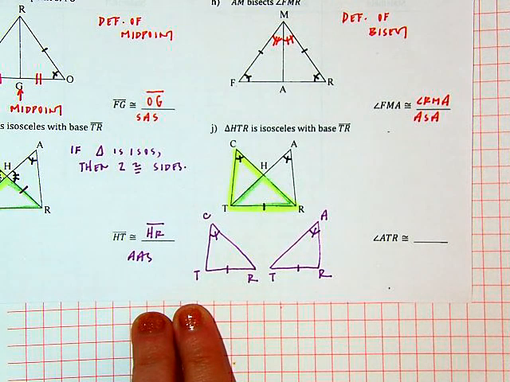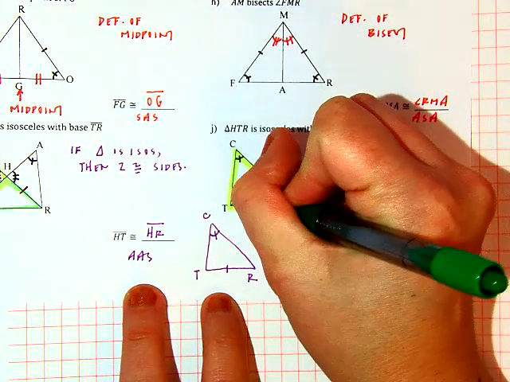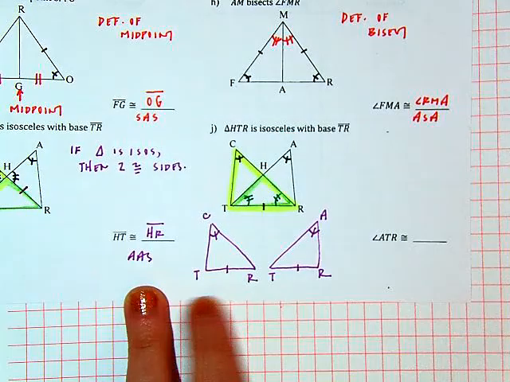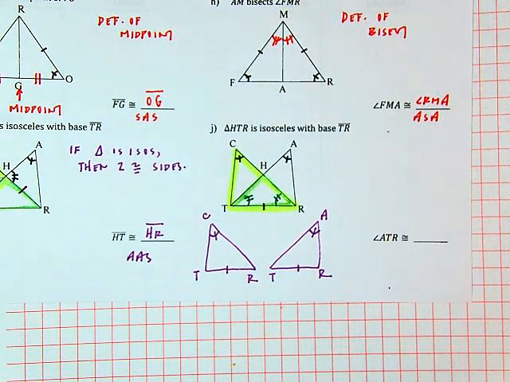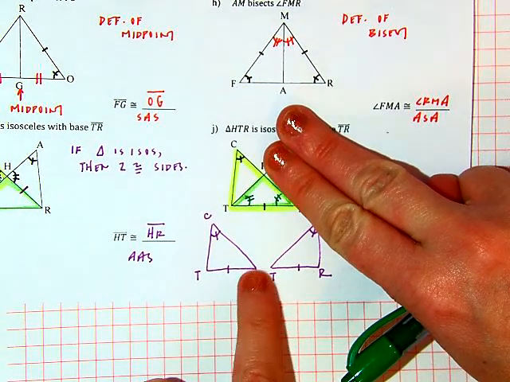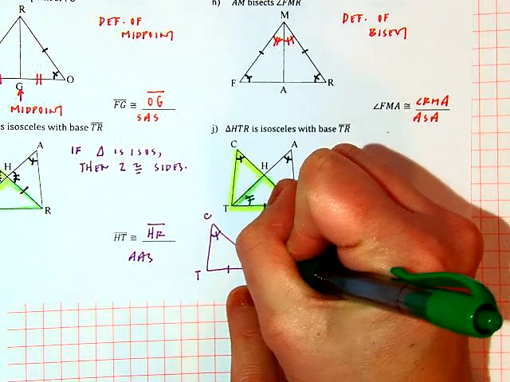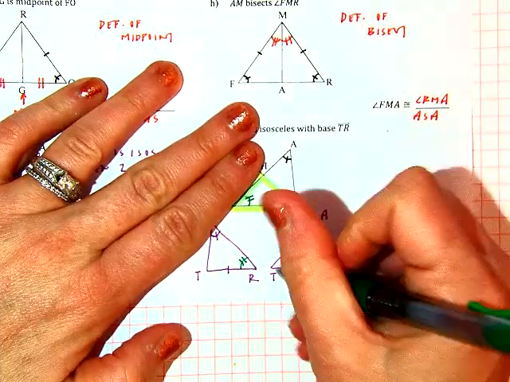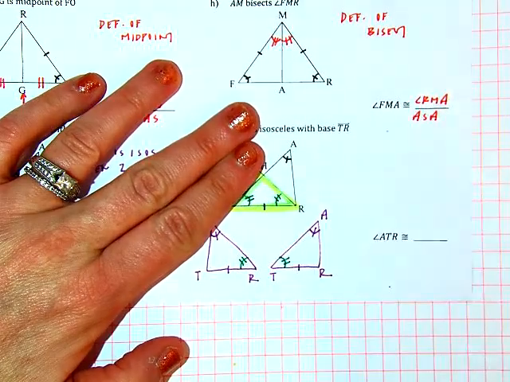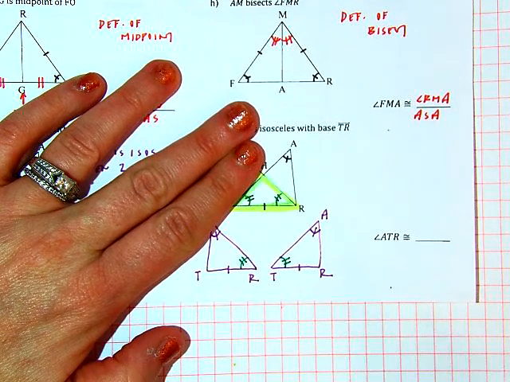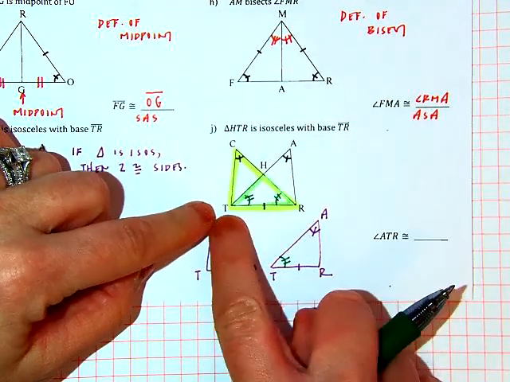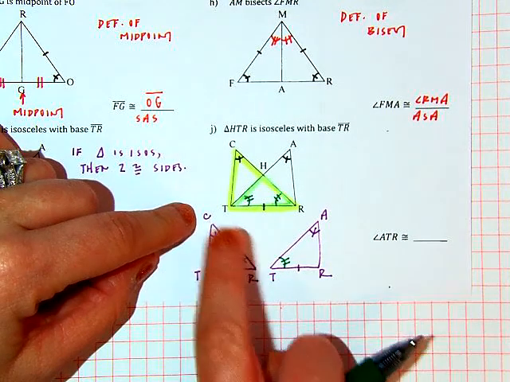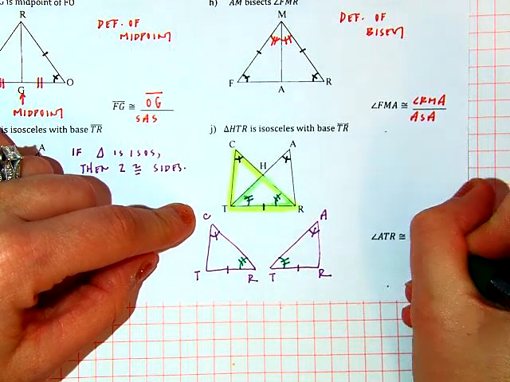I know that if a triangle is isosceles, I have two base angles that are congruent here and here. So for this triangle right here, that angle would be right here. And for this triangle here, that angle would be right here. So if I say ATR, that links to CRT.